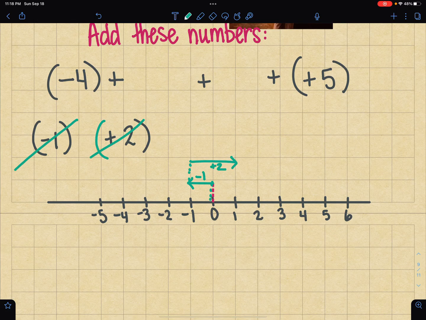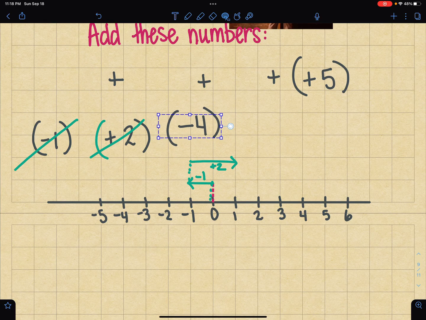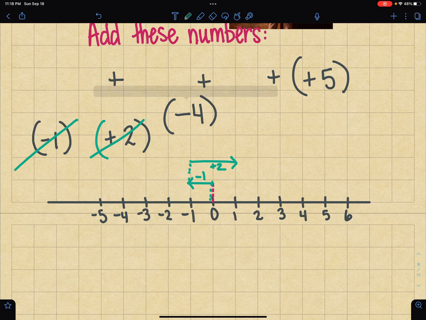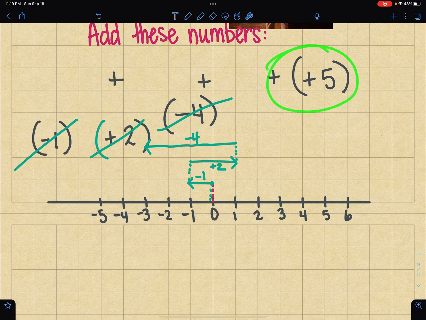I did that. Now, what if we add the -4 next? Okay, I can do that. I go straight up from where I left off and go 1, 2, 3, 4. Boom, right there. There's my -4. Okay, did that one. Last one to do is this +5.